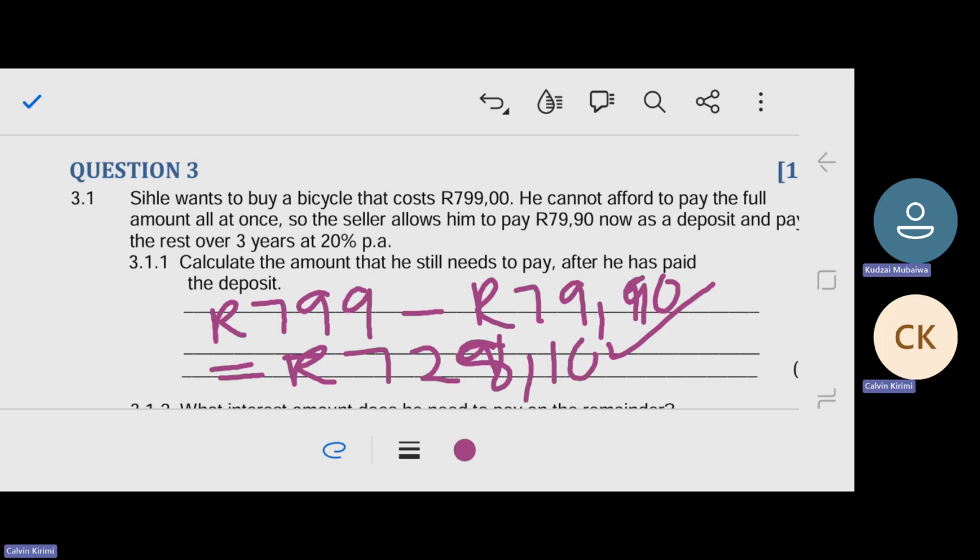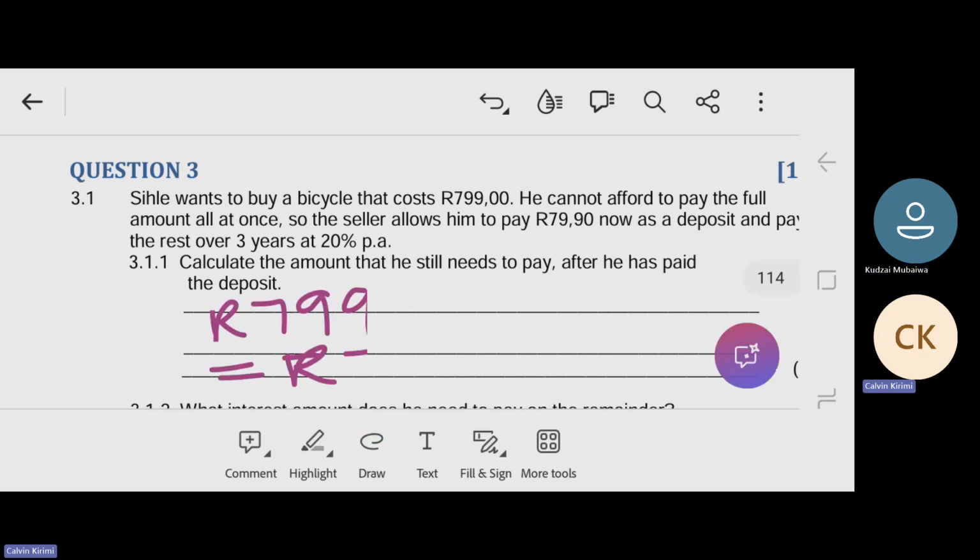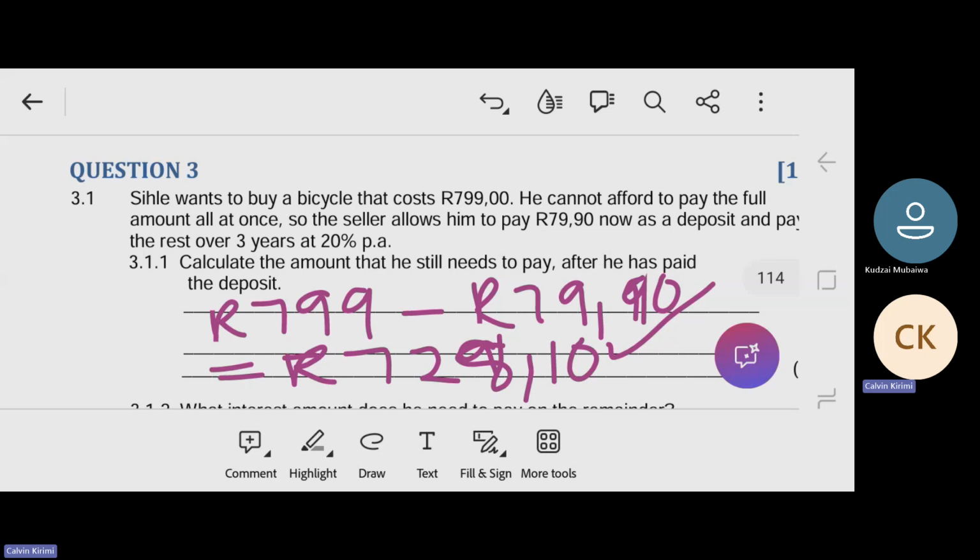But you are using a calculator, so you can use a calculator. You don't have to stress. The idea is what to do. If you know what to do, at the calculation you can use your calculator, isn't it?